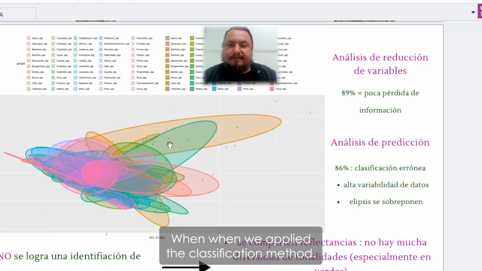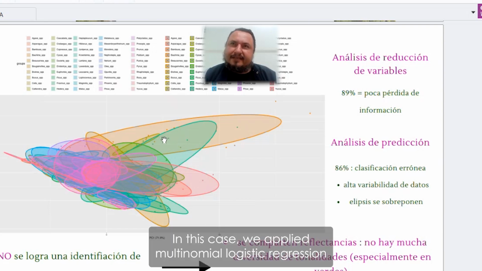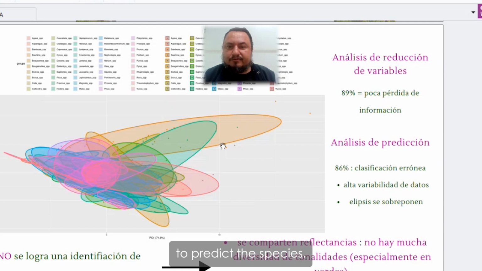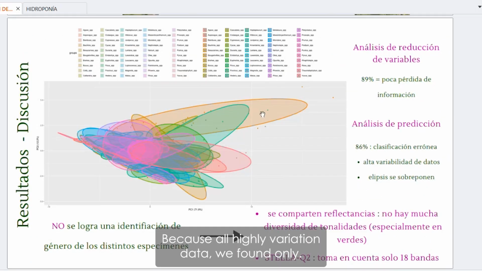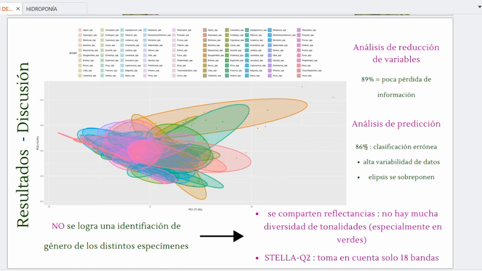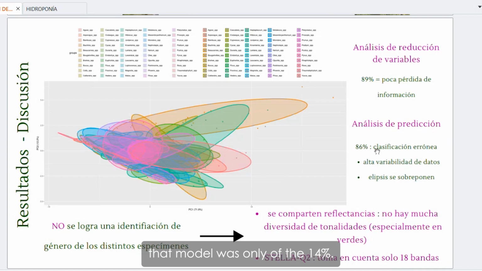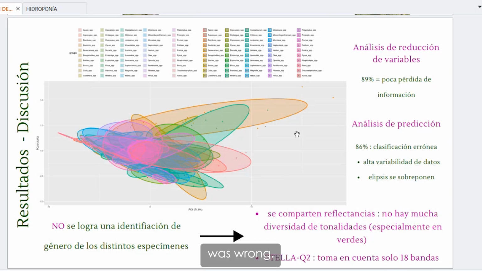Indeed, when we applied the classification method, in this case, we applied a multinomial logistic regression to predict the species. Because all highly variation data, we found only the accuracy of that model was only of the 14%. This means that 86% of the classification was wrong.